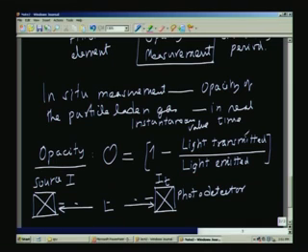So, this is your I t and this is your I which is leaving. So, opacity is nothing but 1 minus the light transmitted divided by light emitted.